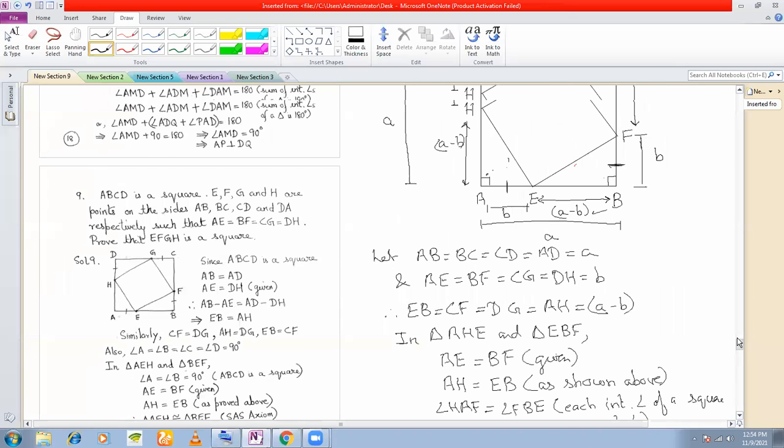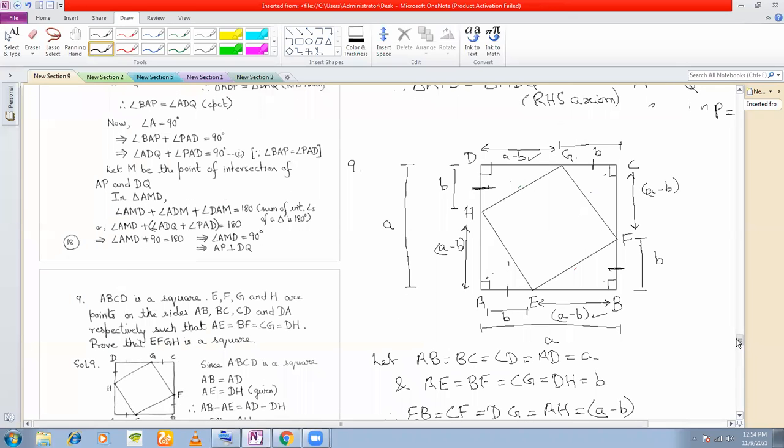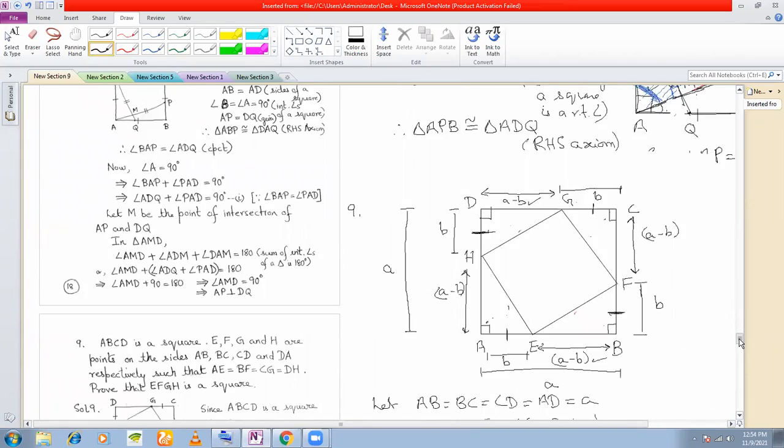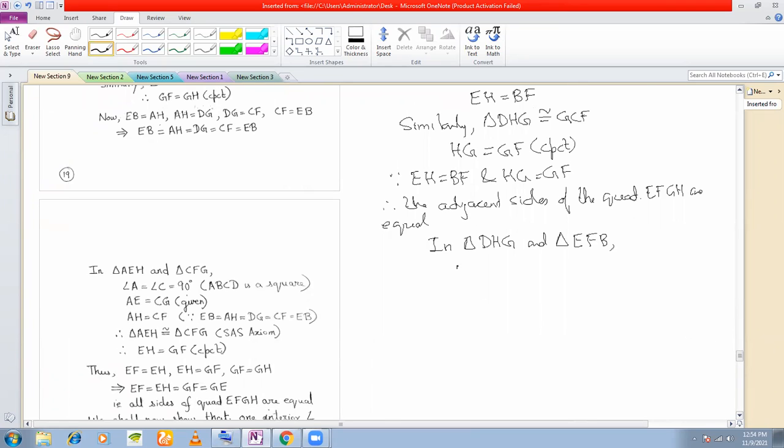First of all, the angles. Angle HDG is equal to angle EBF is equal to 90 degrees. Why? Because each interior angle of a square is a right angle.